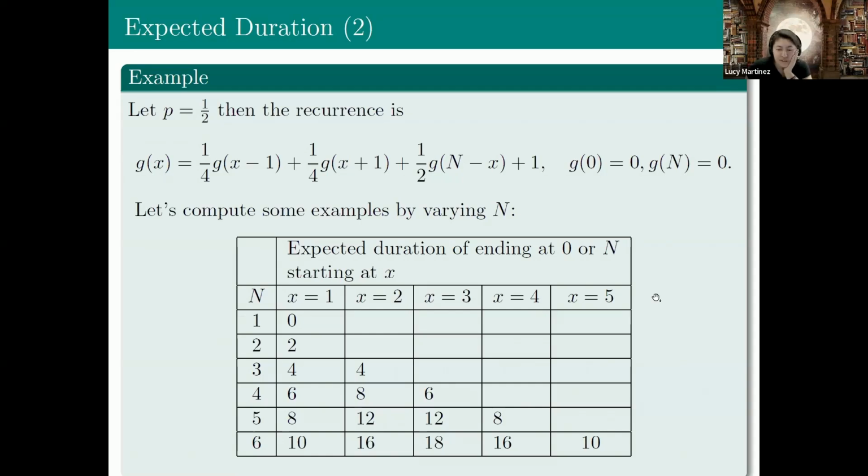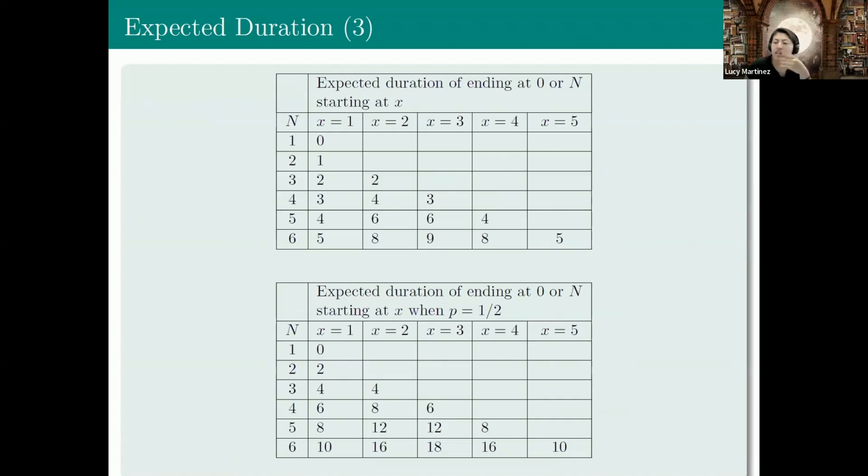I don't know if you remember, but from a few slides ago, the expected duration formula for the classical game was x times n minus x. So maybe we'll see in the next slide if we can tie these values back to the classical game. Again, these are just some values for some n's, which were computed in Maple. Hopefully we can see both tables here. The top table has the values for the classical Gambler's Ruin game, where we vary n between 1 and 6.